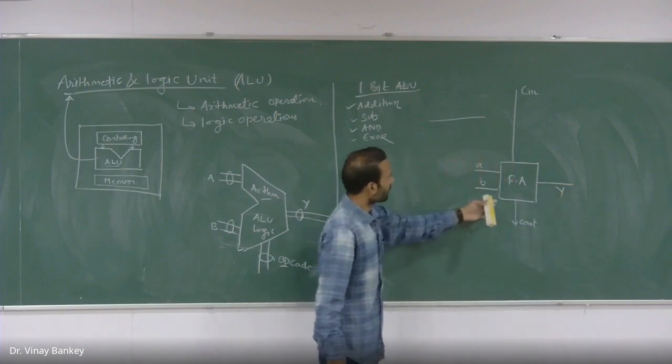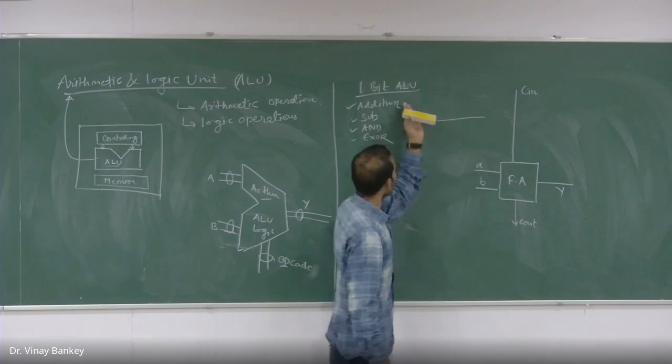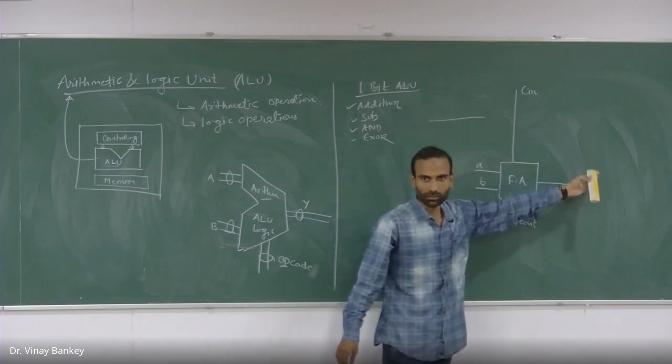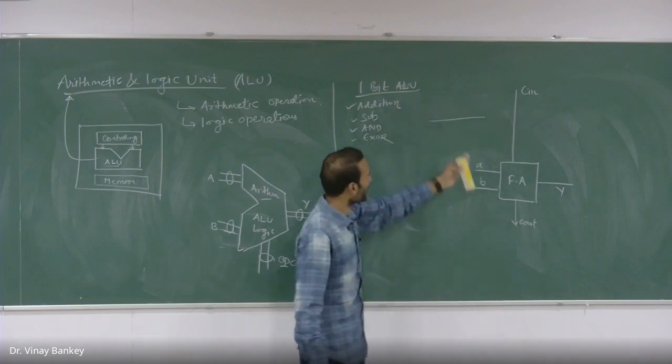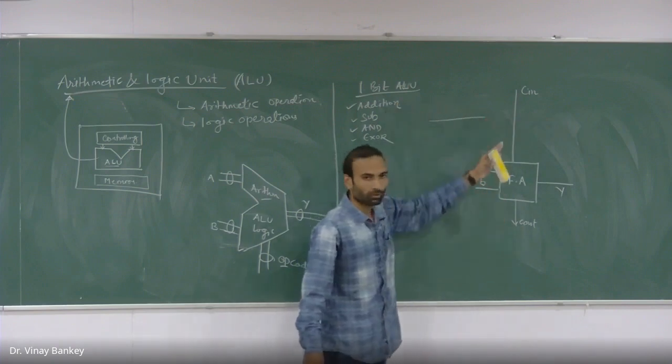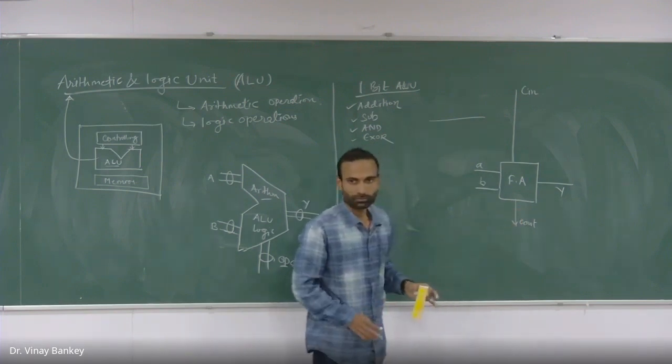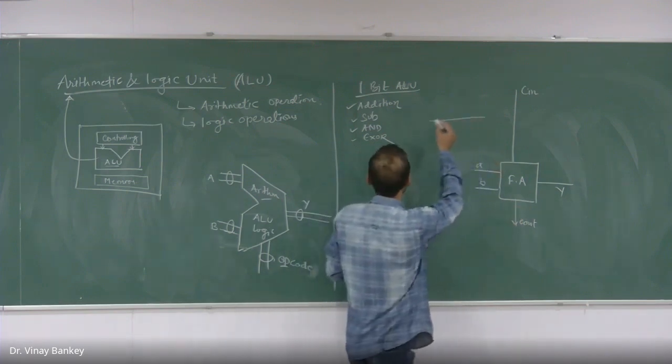This will perform your job of the addition and subtraction according to the condition I have given here. If you want subtraction, then you can complement it and feed C in equal to 1, then it will perform this addition.